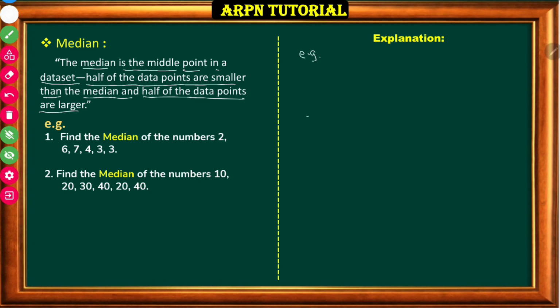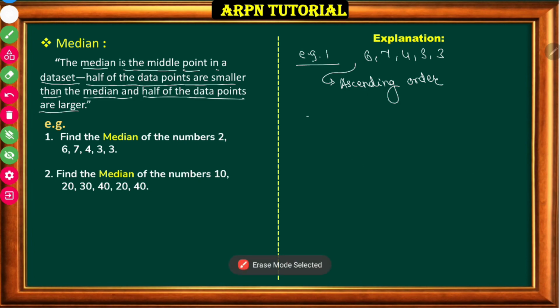Okay, let's take example number 1 without wasting time. The very first thing you have to do is convert this series into ascending order. And that is 2, 3, 3, 4, 6 and 7.